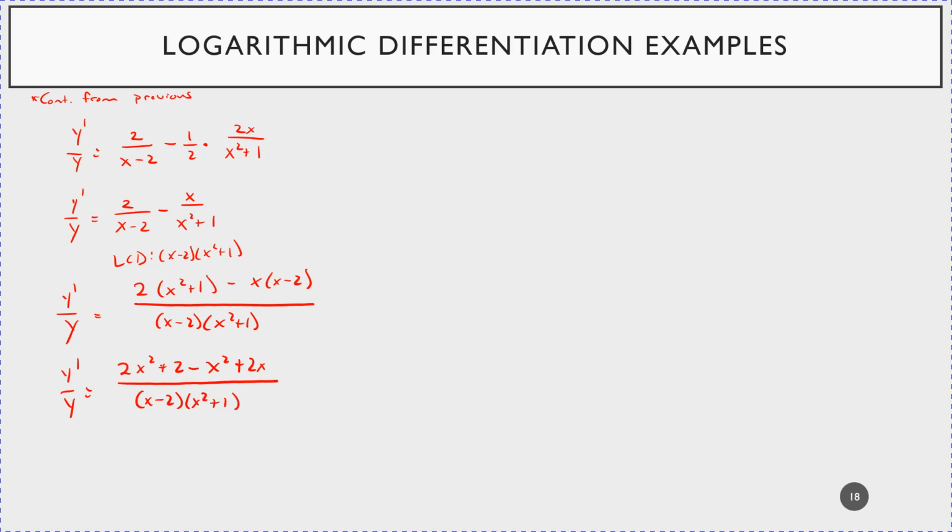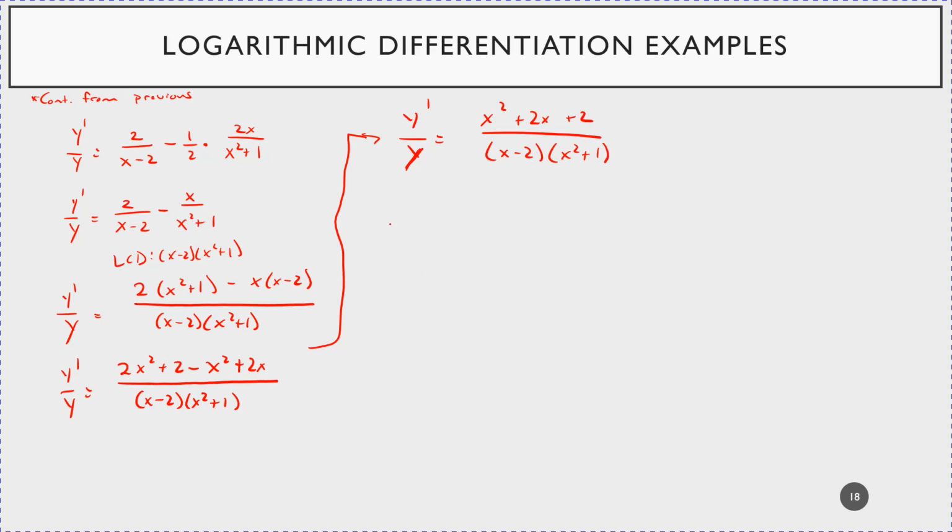Let's see what happens here. 2x squared minus x squared just gets me x squared, plus 2x, and then plus 2, all divided by (x minus 2) times (x squared plus 1).